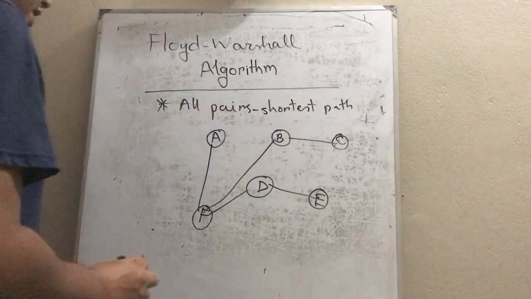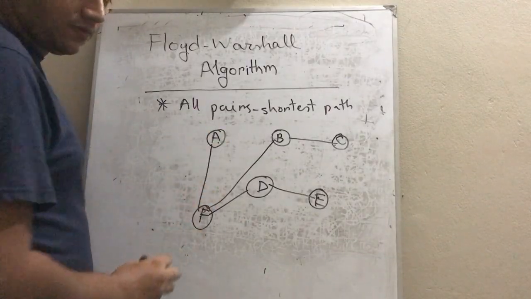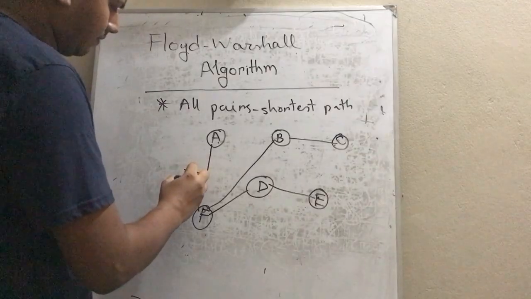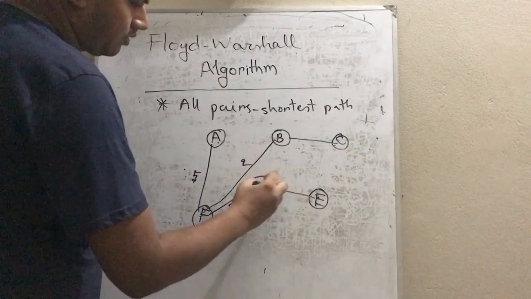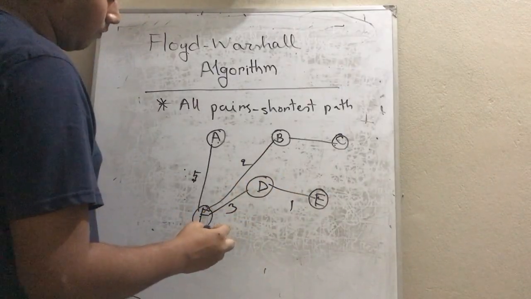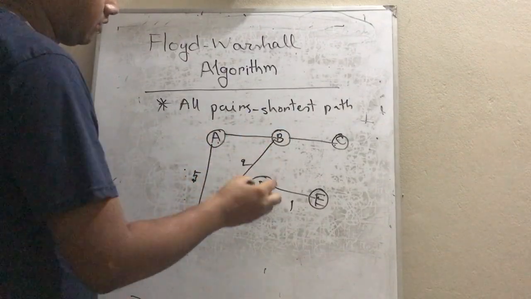Now assign some weight, like from A to F I need to walk 5 steps, 2 steps, 3 steps, D to E less, like 1 step, to make it more 1.